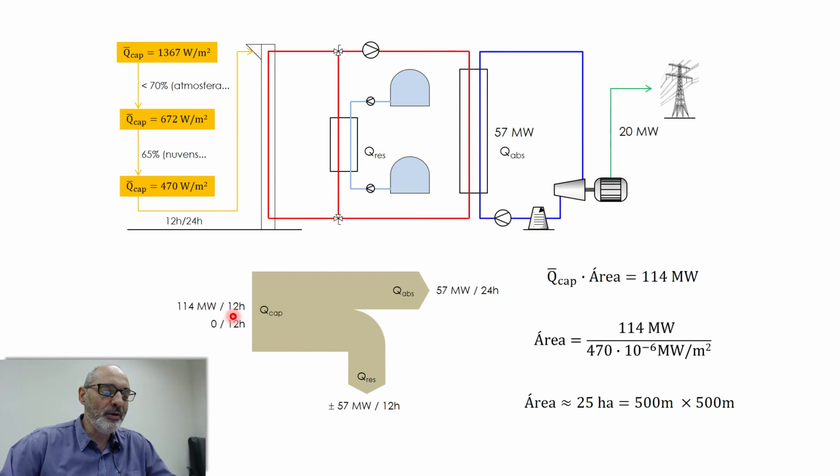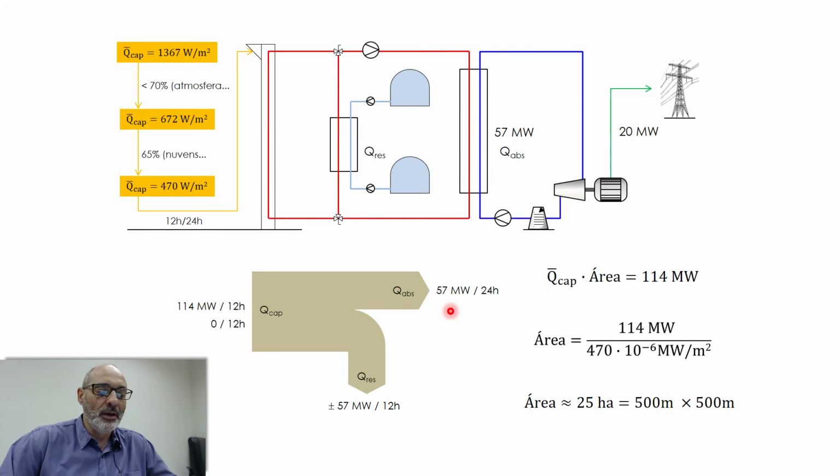So in terms of a Sankey diagram, this means that during 12 hours during the day, I have to absorb twice this number, 2 times 57 megawatts, which is 114 megawatts, because during the night this absorption is going to be 0.